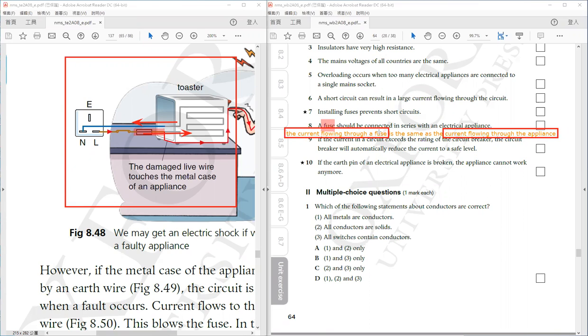So the fuse will burn, and also break the circuit. Okay, so question 8 we say is true.